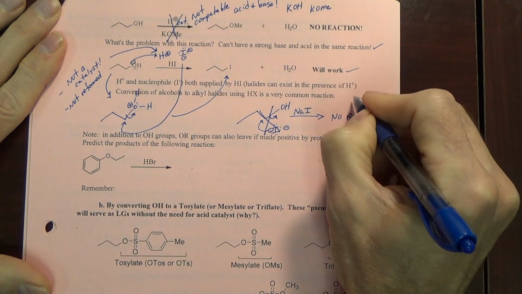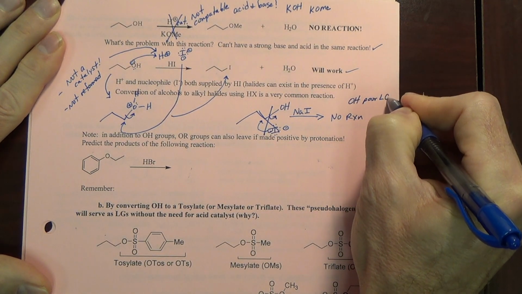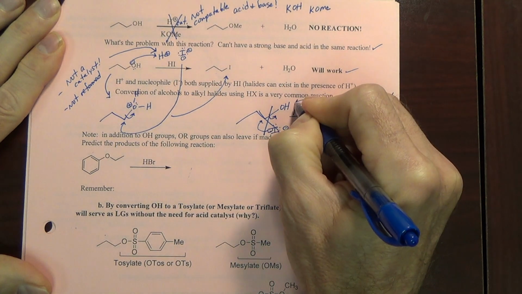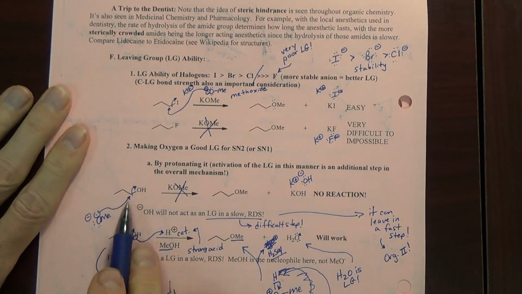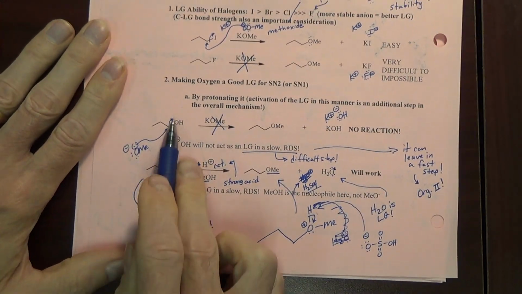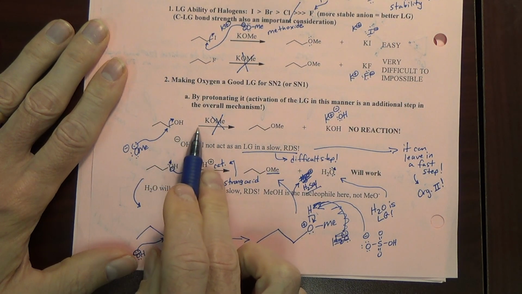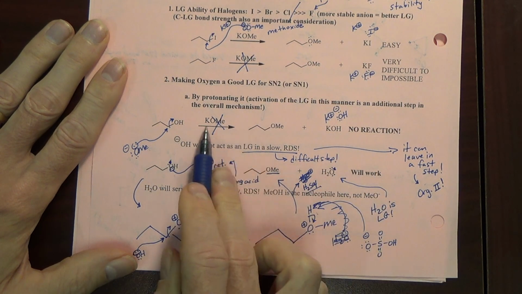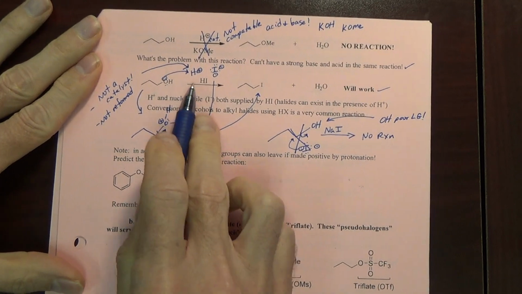Because what do we know about OH? It's a very poor leaving group there. Okay? Just like here. Methoxide's not going to kick it off. No nucleophile. Okay? No reaction with any nucleophile. So instead of sodium iodide, we need HI.